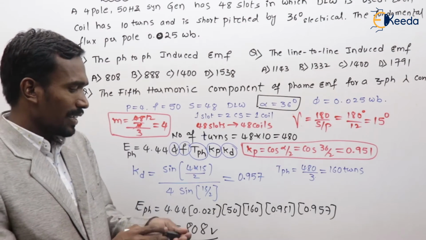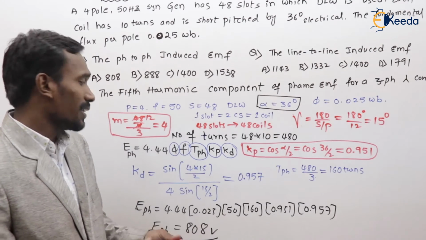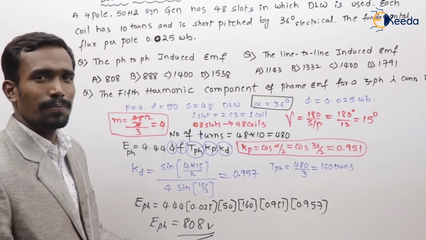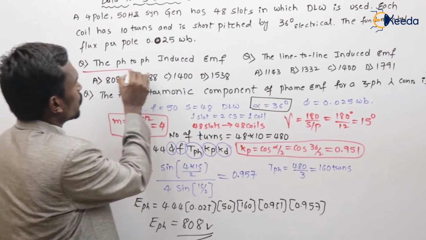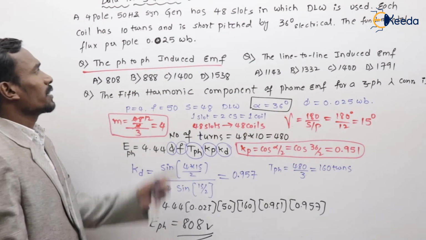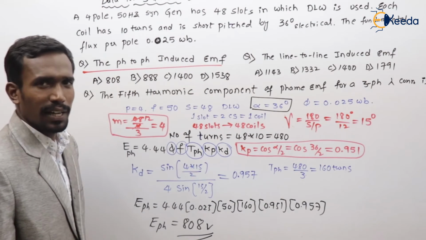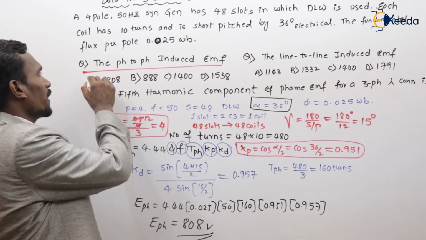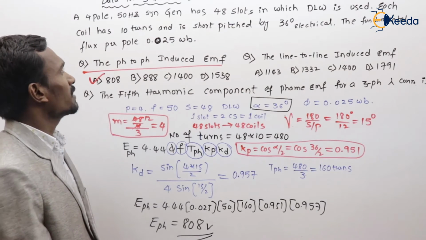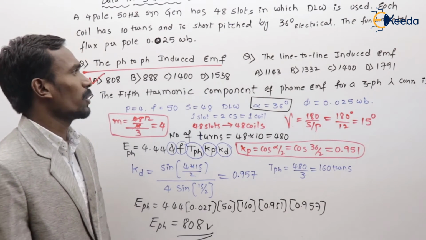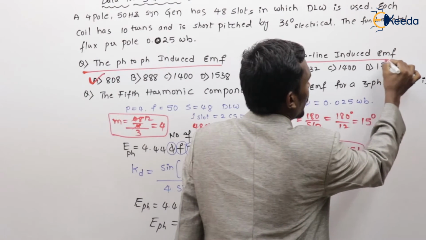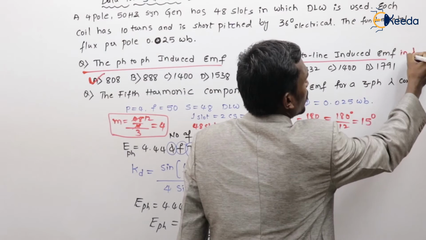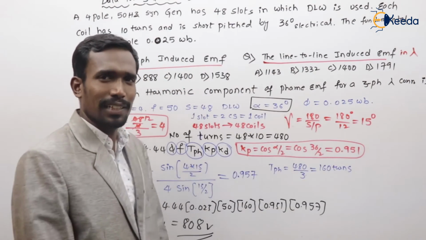E phase is 808 volts. That is the answer to our first question, the phase-to-phase induced EMF: 808.